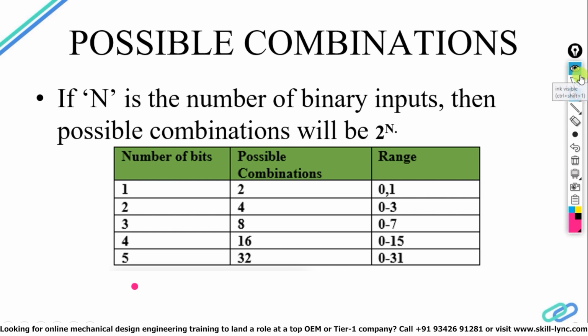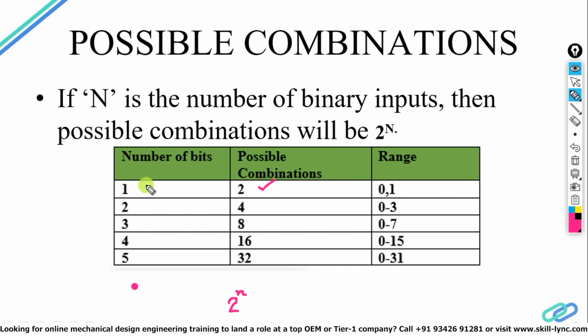Now, what is the logic behind it? How I can say that for 2 it is 4, for 3 it is 8, for 4 it is 16. The basic logic behind it is 2 to power n. Here n means number of bits. For 1 bit, 2 to power 1 equal to 2 possible combinations.